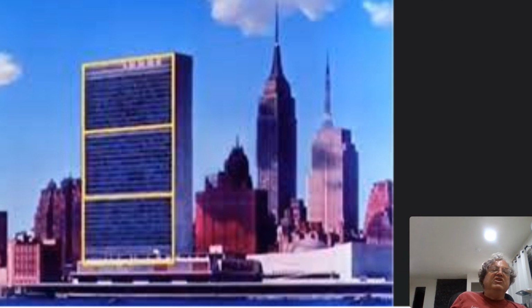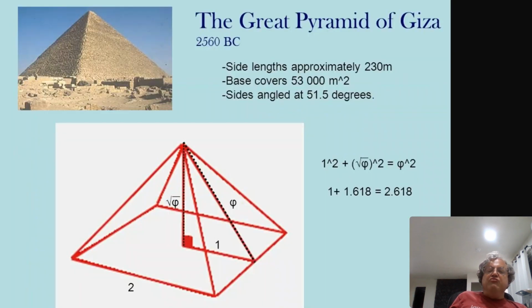One last thing I'm going to mention, the Great Pyramid of Giza also involves the golden ratio, but not in quite as simple a way as the other ones. The Great Pyramid is pretty amazing in its mathematical properties.